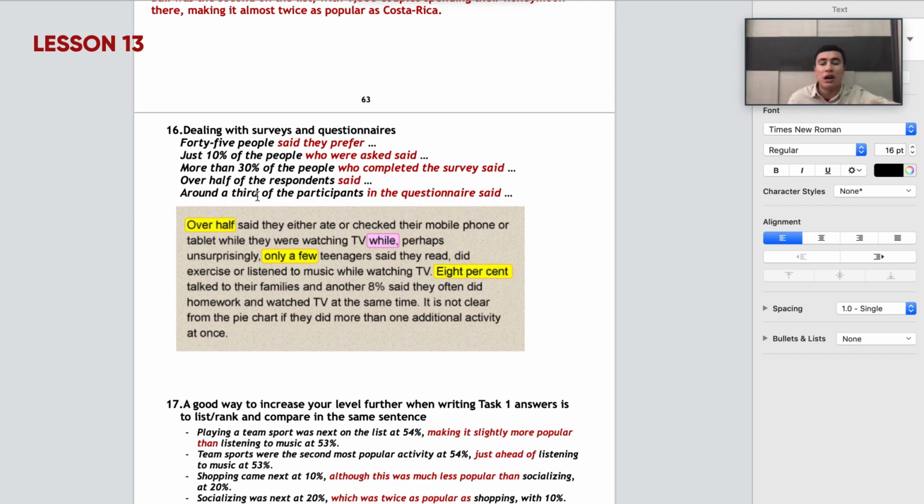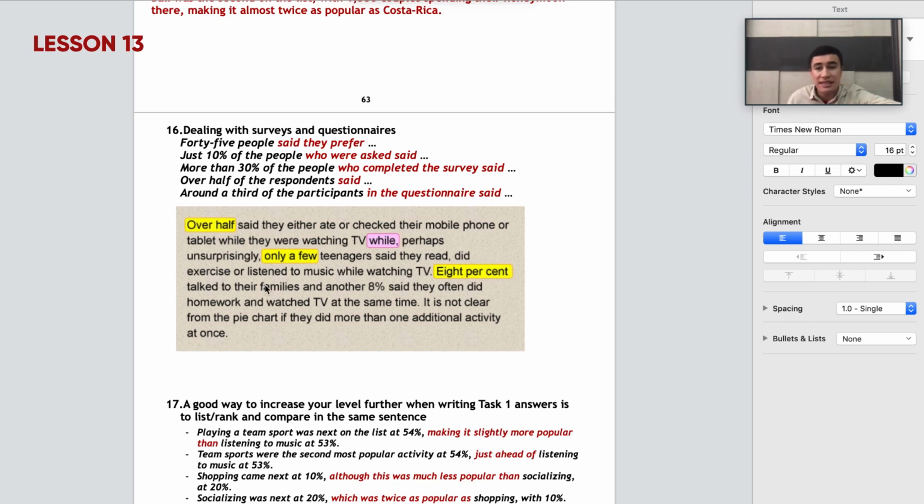As you can see, we are representing numbers as fractions, around a third, so it means approximately 33.3% of participants in the questionnaire said. So this is very nice language to use when you're writing a report on surveys and questionnaires or information that was collected on surveys and questionnaires.